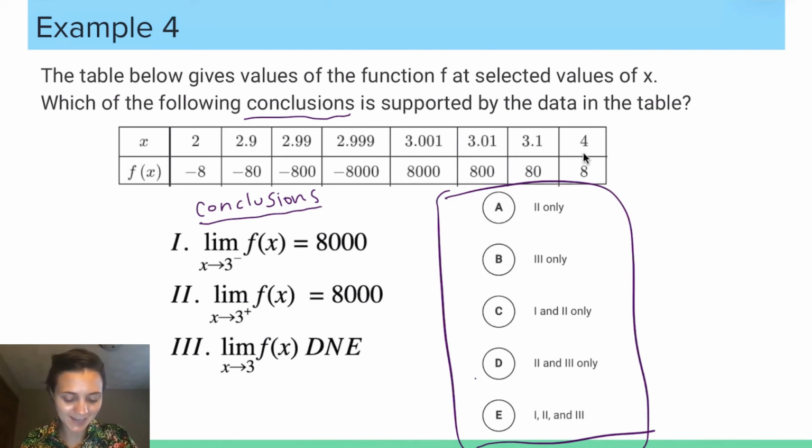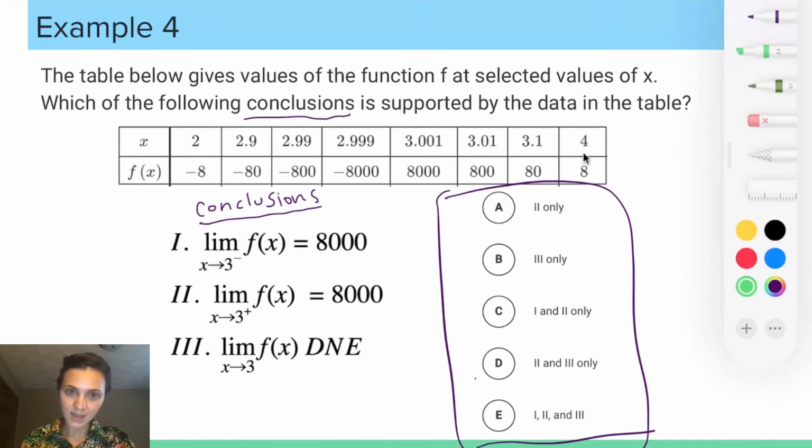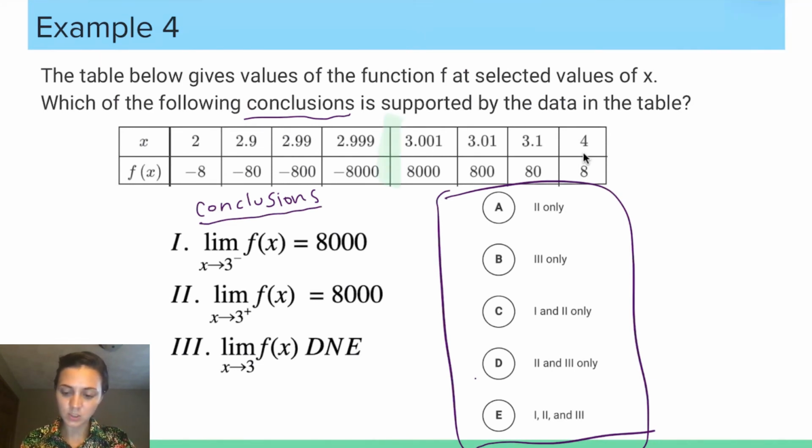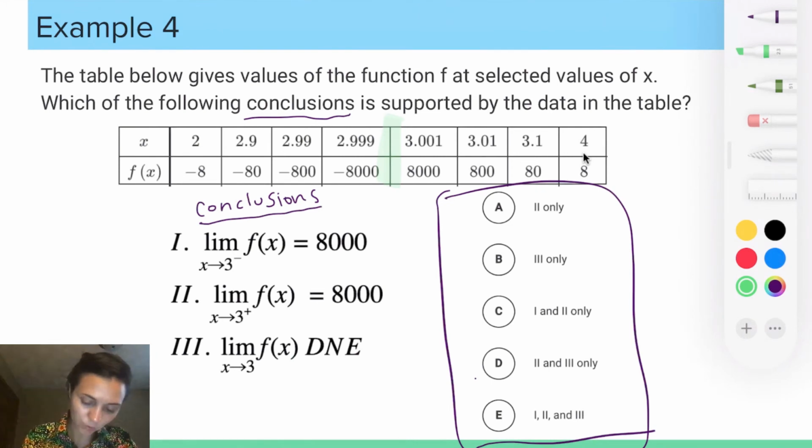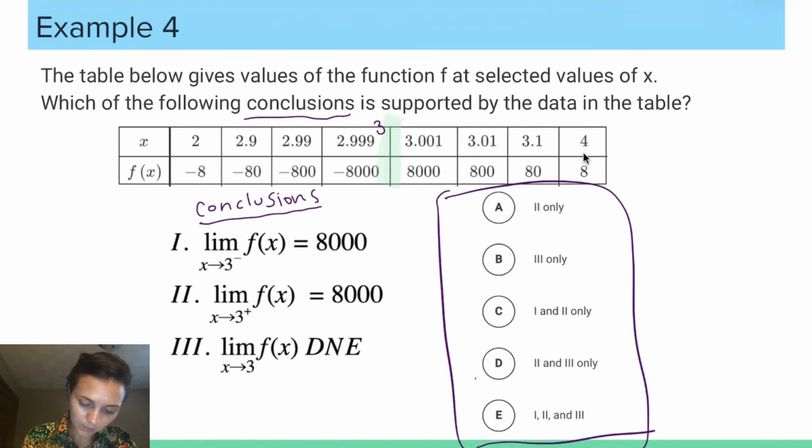So the limit as x approaches 3 from the left equals 8,000. So I need to figure out where 3 would be on my graph. And I can kind of see that right here. That is where 3 would be. So between 2.999 and 3.000. That is where 3.0 would be.